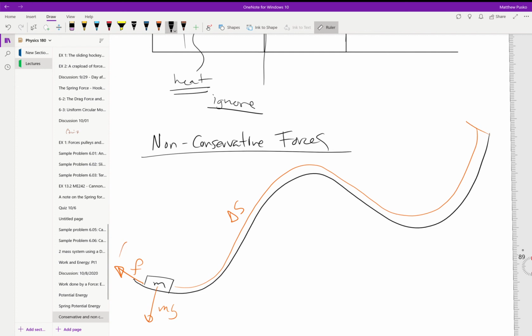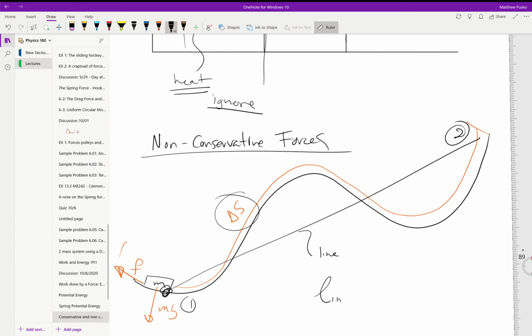If I drew a line from where we started at 1 over to where we finish at 2, this line right here, by definition, the distance between 2 points is a line, and that's the shortest distance between 2 points. It is shorter than delta S, so the length of the line is less than delta S. Therefore, we would have to push against less friction, right?